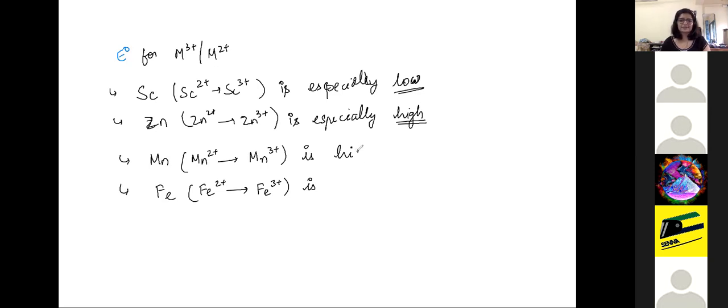Mn, yes, absolutely. So manganese is going to be high because Mn2 plus already has a d5 configuration. So removing an electron from a half-filled orbital is going to be difficult.